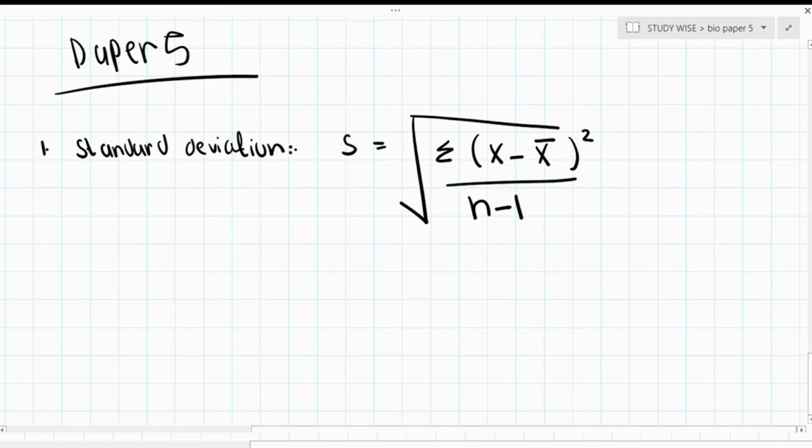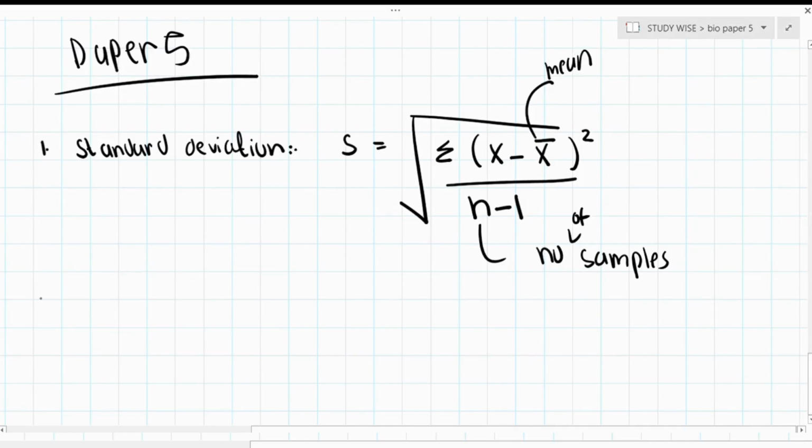Where n is the number of replicates, or basically the number of samples. And this is the mean.